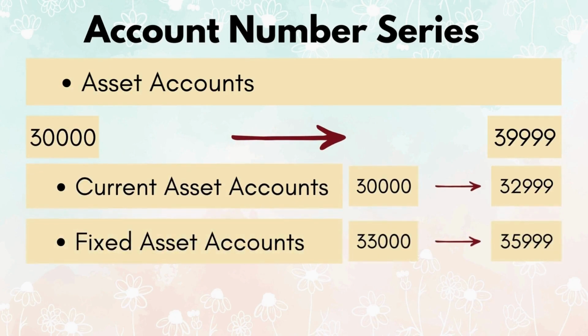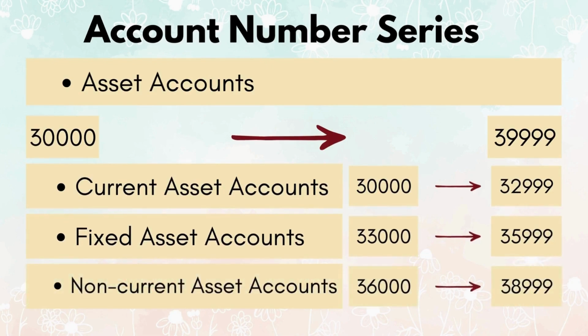Fixed assets can be from 33000 to 35999, and non-current assets can be from 36000 to 38999. See, all of these different categories of asset account fall within the general account range that I have created for my assets.